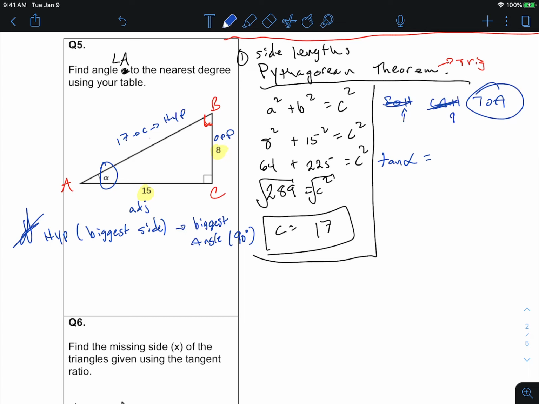It's always the first one over the second one, like you're reading it. So O over A. What is O from your diagram? 8 over 15. Type that into your calculator, and then I'll show you how to use the table. So we'll type 8 over 15.